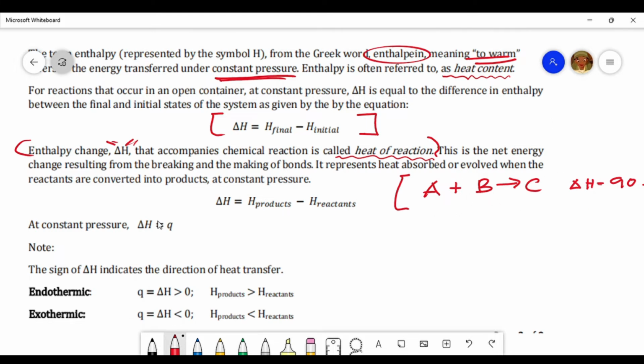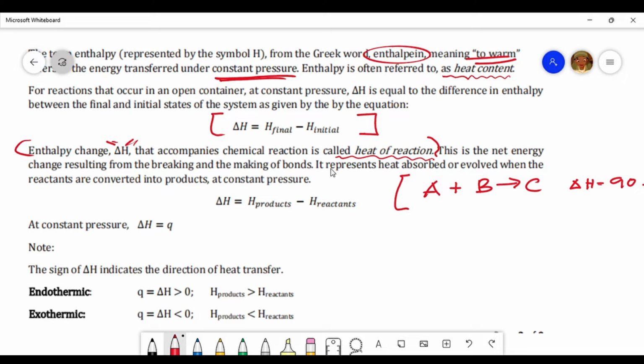This is the net energy change resulting from the breaking and making of bonds. In a reaction, we follow conservation of mass, meaning the mass of the products is equal to the mass of the reactants. But new bonds are formed and old bonds break. That's what we learned about what happens during a chemical reaction.